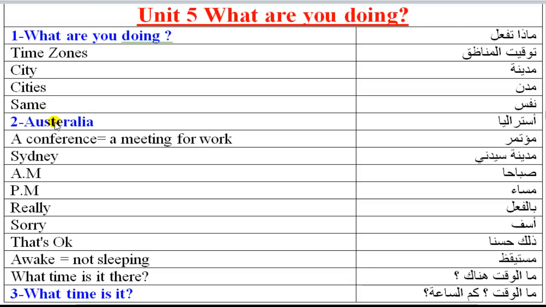Same. Australia. Number 2. Australia. Conference. A meeting for work. A meeting. T soft D. British meeting. Meeting for work. American, a meeting for work. British, a meeting for work.